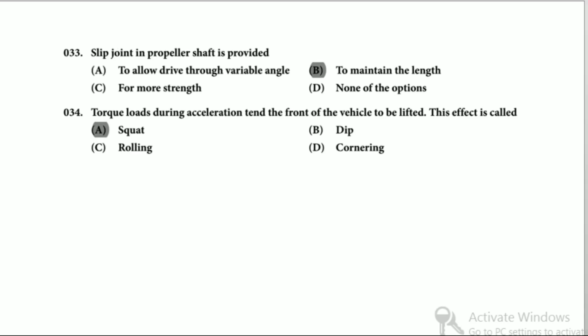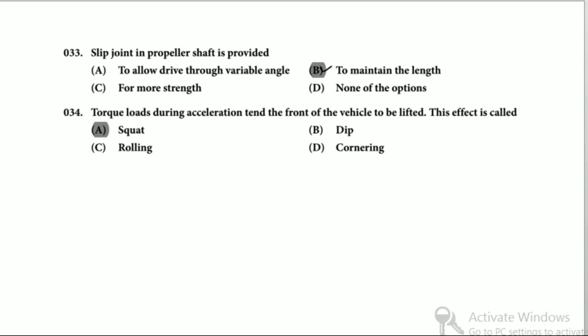Question number 33 and question number 34, both are theoretical based questions, so we would not go into detail, right? So slip joint in a propeller shaft is provided. So here the slip joint in propeller shaft is provided to maintain the length, right? So B has to be the answer. We don't go into detail.